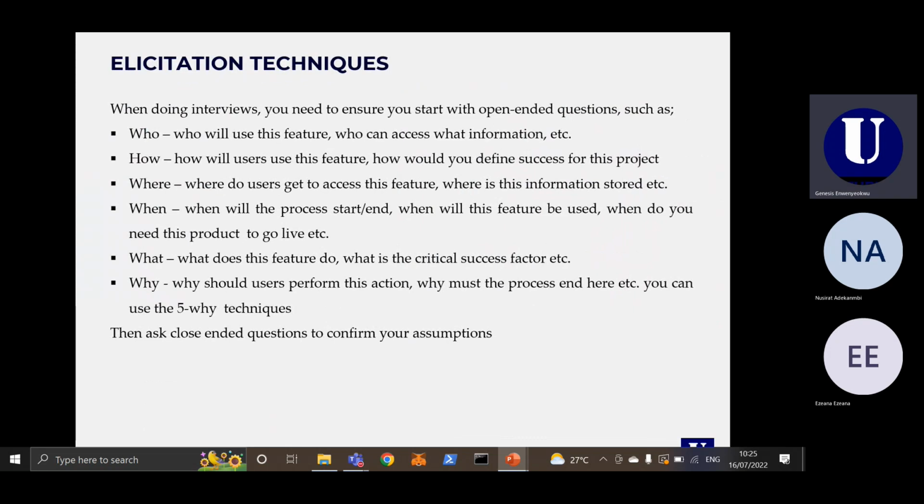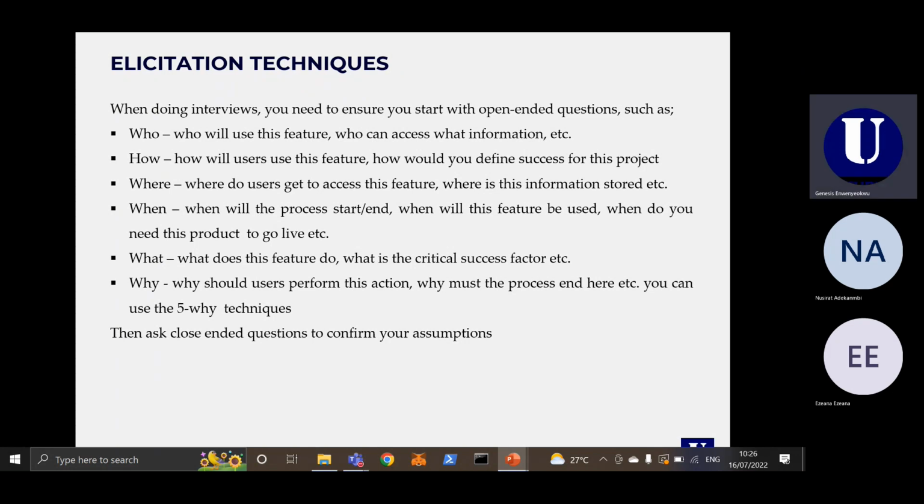Now, when doing interviews, you need to ensure you start with open-ended questions. Open-ended questions are questions that start with who, how, where, when, what, why.